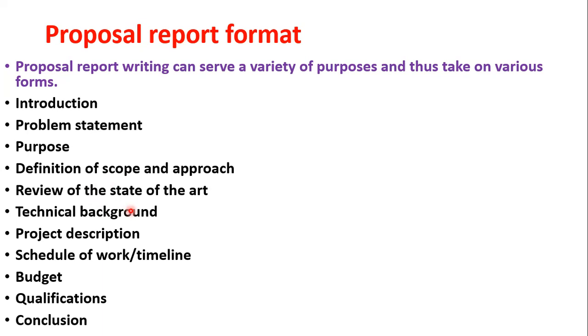Then we have the clear idea. Technical background, that what is the technical background of the company or the professionals. Project description, would divide the project into various sections, that हम उसके जो बड़े बड़े phases हैं उसको बयान करते हैं. Schedule of the work, clear, it is called management.